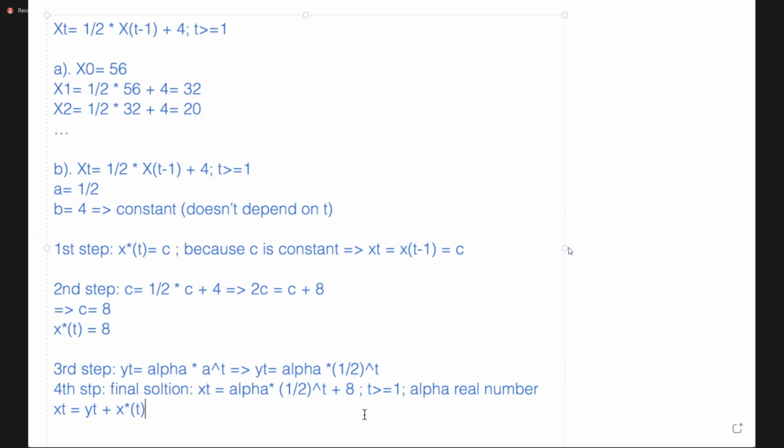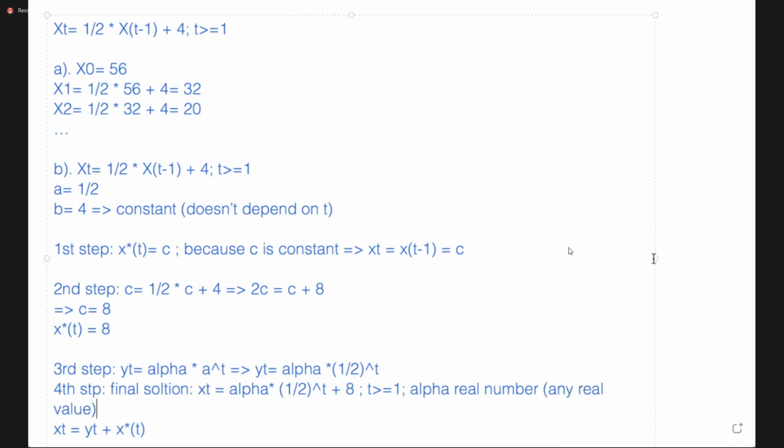A surreal number is something, for example, like the square root of -1 that doesn't exist in our real world. It only exists in a complex mathematical world. So when I say alpha real number, it just means that it can take any real value. Okay, cool. Then I think I get it.